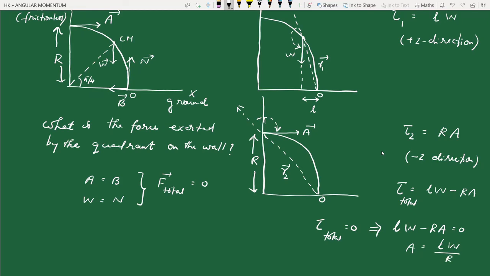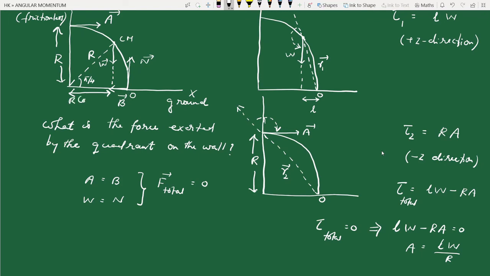Okay. Now let us look at the original figure. If you extend this direction, you have a right angle triangle here. This is r, the hypotenuse. Therefore this side is r cos pi by 4.